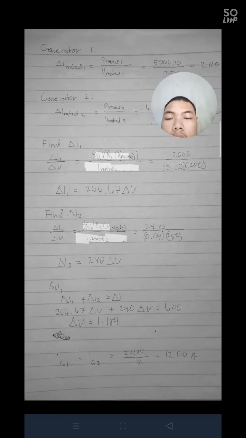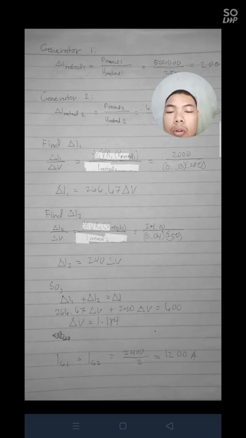So find delta I2. Delta I2 over delta V equals I rated 2 over percent voltage regulation times V rated 2, so equals 2,400 over 0.04 times 250.